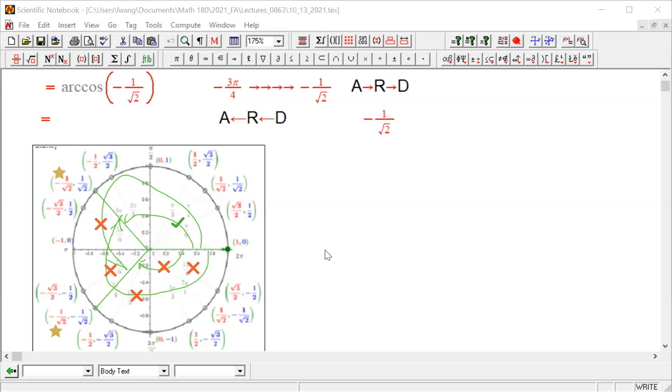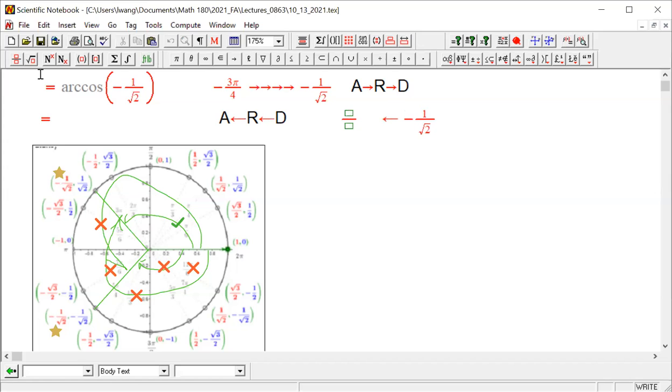You guys follow me? So that's a DRA, okay? So if I put this in that order, from D to A, that angle has to be between 0 and pi.